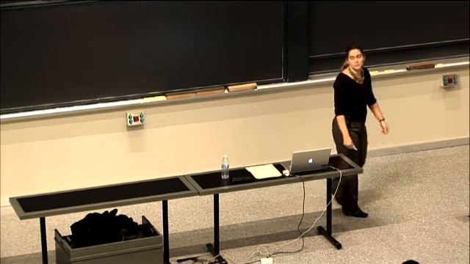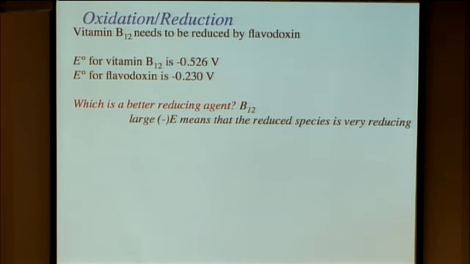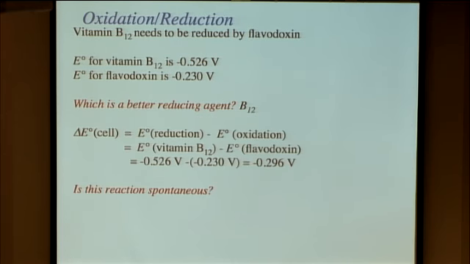So vitamin B12 is the better reducing agent. If you have a large negative number, then the reduced species is very reducing. So it wants to reduce other things and get oxidized itself. So that's interesting. It seems like vitamin B12 should be reducing flavodoxin and not the other way around.